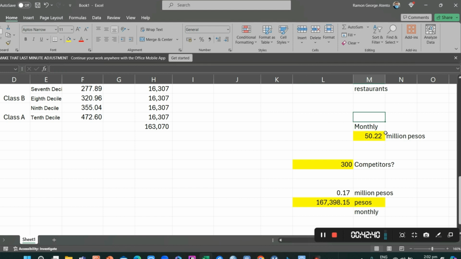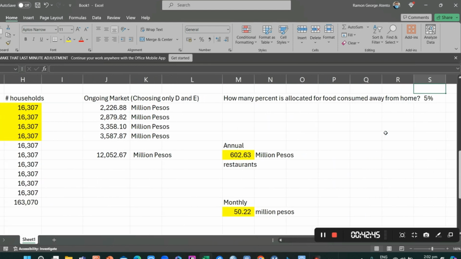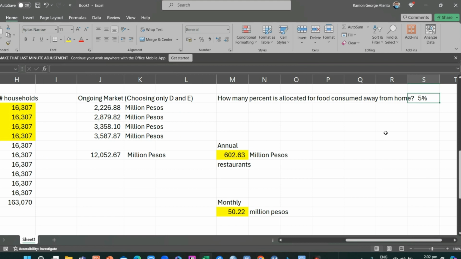Even the 5%, if you look at it, we didn't see it in the FIES this year, but I know that in the previous FIES, particularly in 12, 15, and 18, maybe not 18, I'm not sure with 18, but at least 9, 12, and 15, it was at 5%. So that's the reason why I'm choosing 5%.